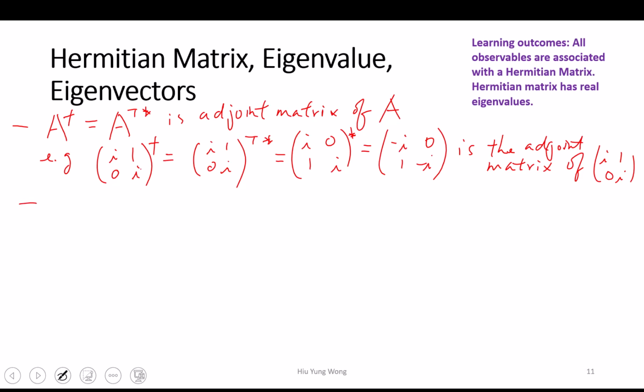But now we're going to introduce, for some matrices, that their adjoint matrix equals the matrix itself. Then we call A the self-adjoint or the Hermitian matrix. This is a very important matrix in quantum mechanics.